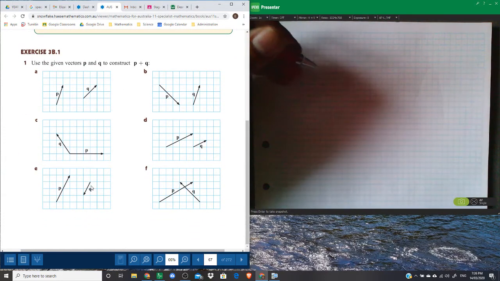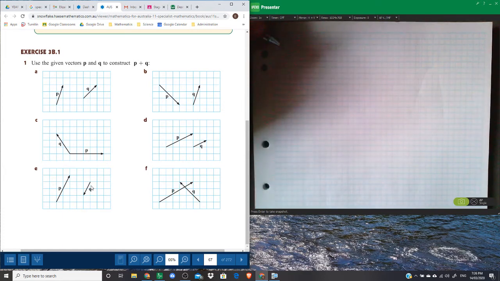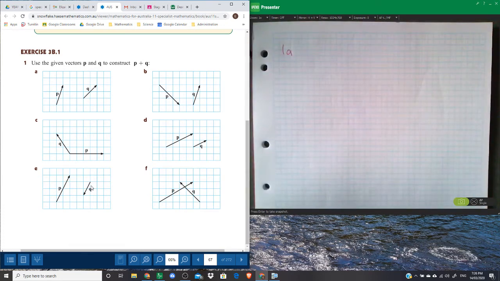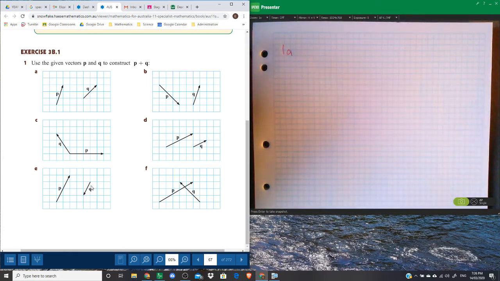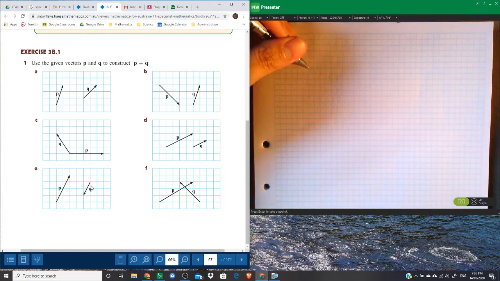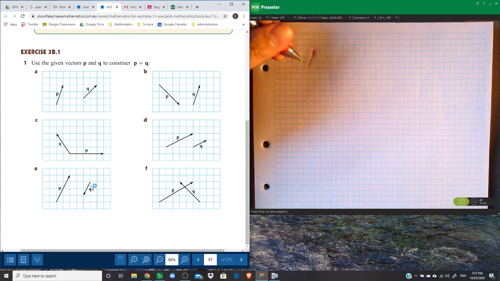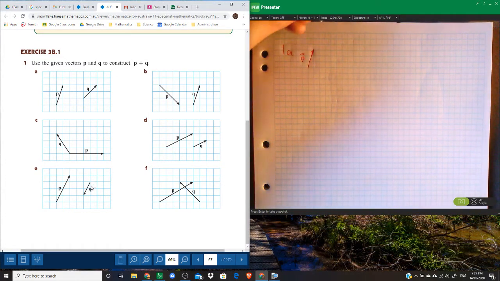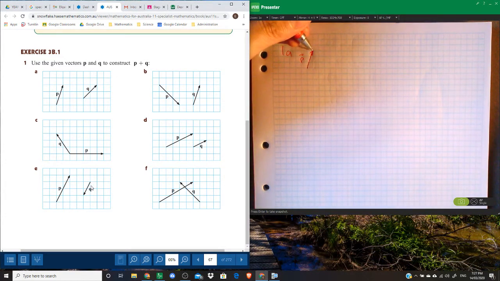All right, so if I was to do 1A, put some light on the subject, a bit better. Okay, 1A, if I add those two, that's my P. So I've gone 3 up and 1 across to the right. And Q is 2 up and 2 across.